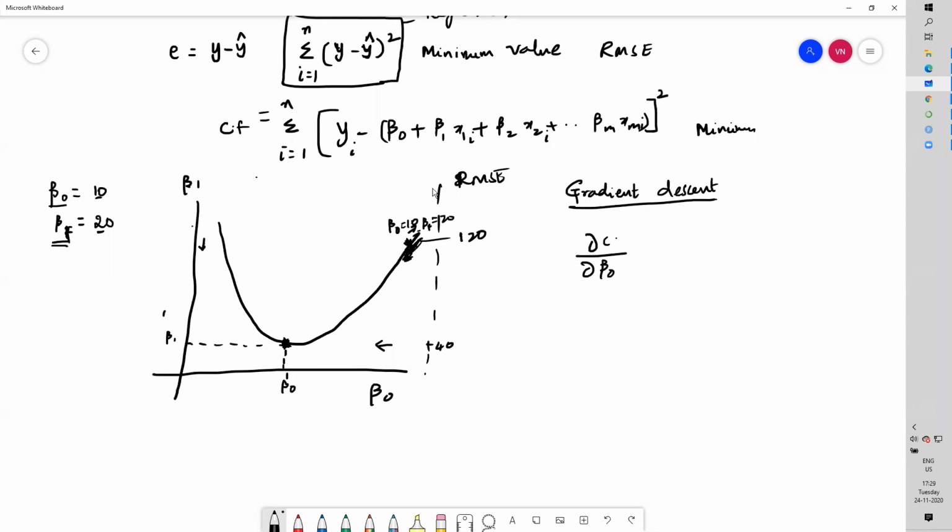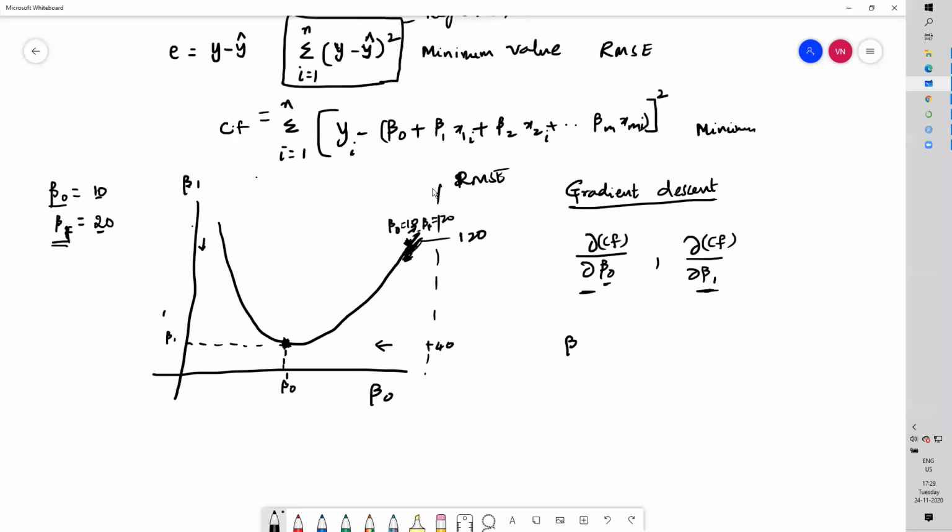The dou by dou beta naught of the cost function and dou by dou beta 1 are partial derivatives of the cost function with respect to beta naught and with respect to beta 1. The sign of this gradient will tell you which direction to move. So using these gradients, we will update our weights.